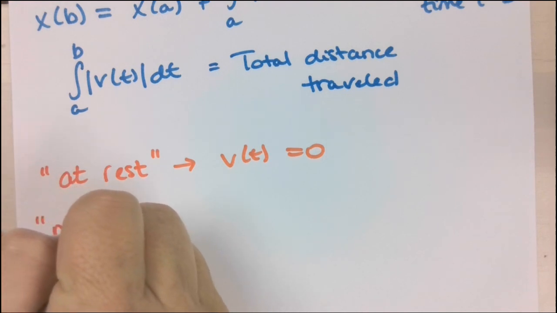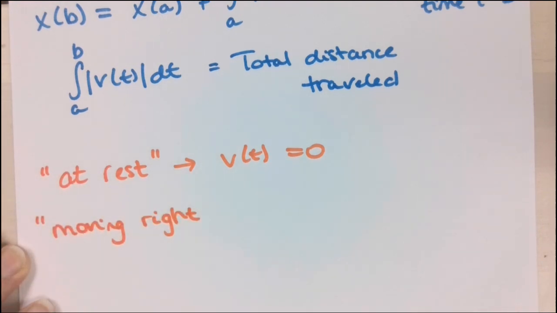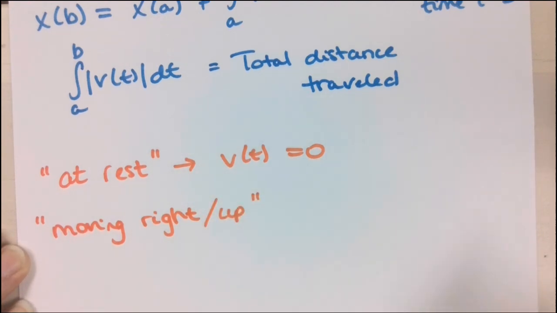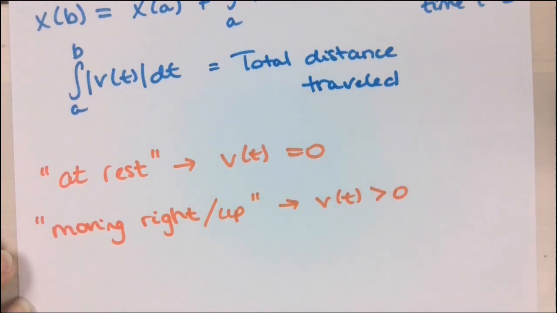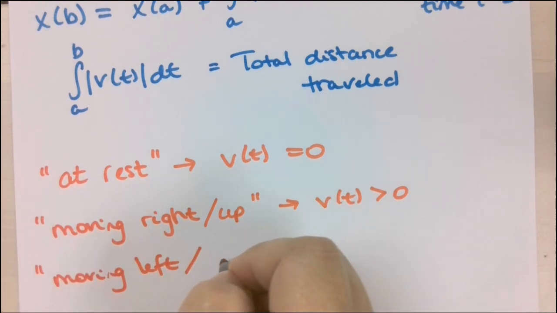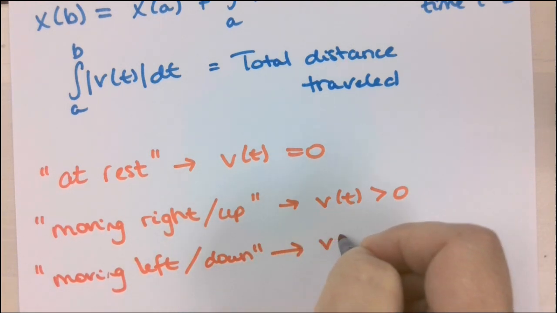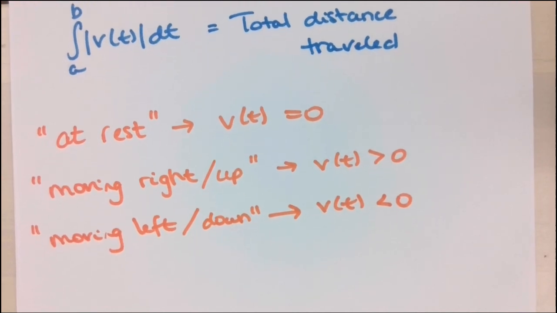If our particle is moving right, if we're moving back and forth on a horizontal line, or up, if we're moving back and forth on a vertical line, that means that your velocity is greater than 0. And if we're moving left on a horizontal line or down on a vertical line, that means that our velocity is less than 0.